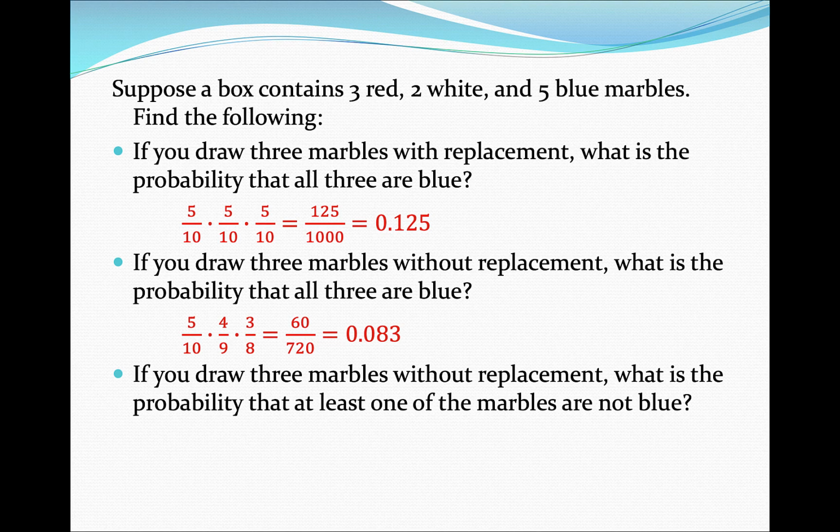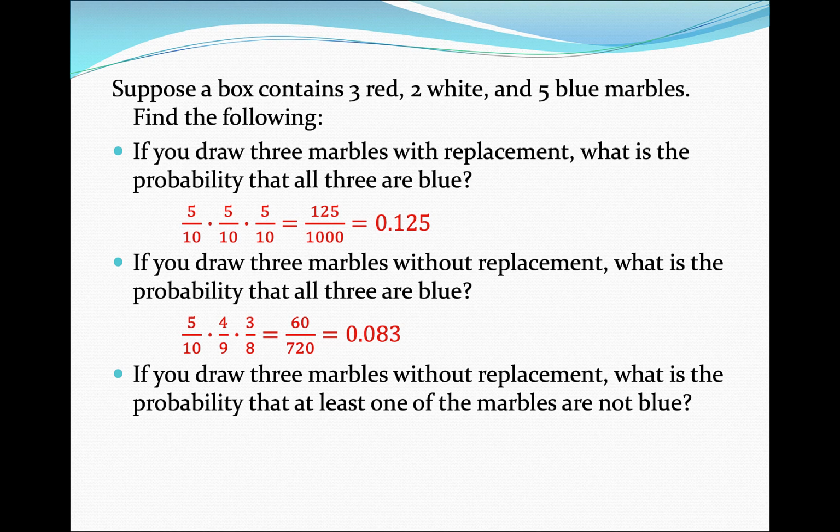Or it could be all 3 are not blue. Any of those would satisfy at least one not being blue. So if you're going to calculate this directly, you would have to calculate all those different probabilities, and then add them all together to get the probability that at least one is not blue. That would take a while, and that's not the best way to do this problem.